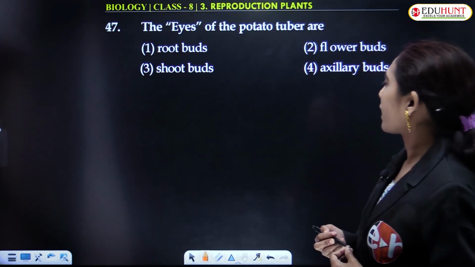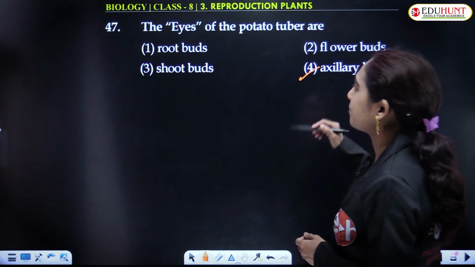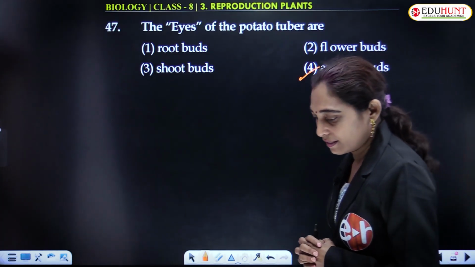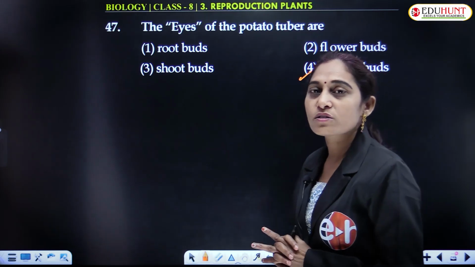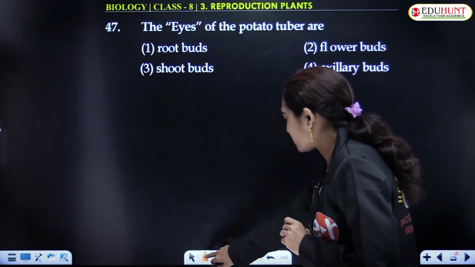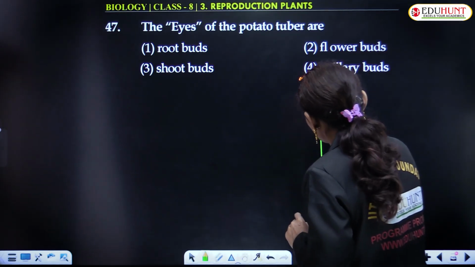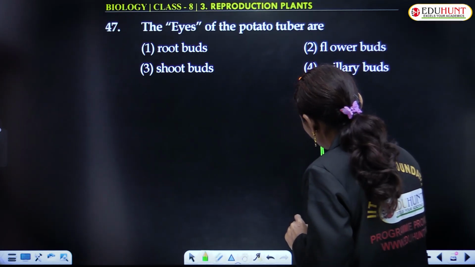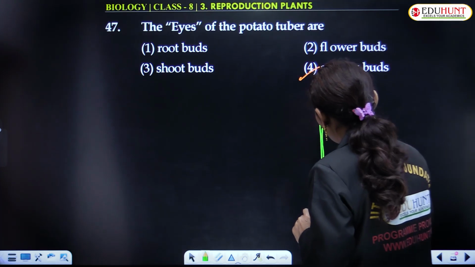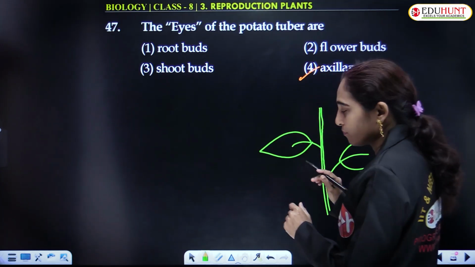The eyes of the potato tuber are axillary buds. They represent the nodes of the stem. If you see a plant, a typical plant has leaves like this.